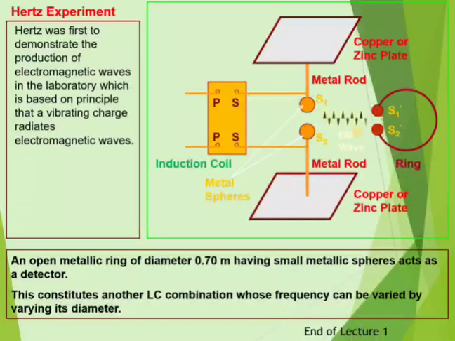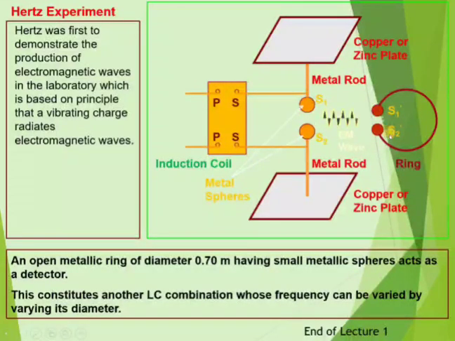The receiver or detector consists of an almost closed circular wire terminating at the two ends with two polished brass spheres. There you can see S1 and S2. The electric field associated with the EM wave sets up a high potential difference across the gap between S1 and S2.